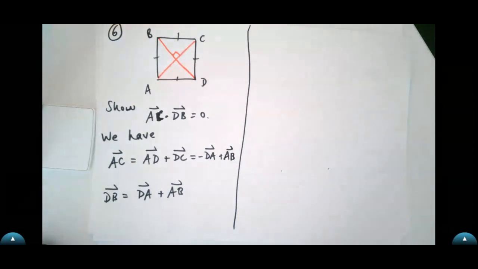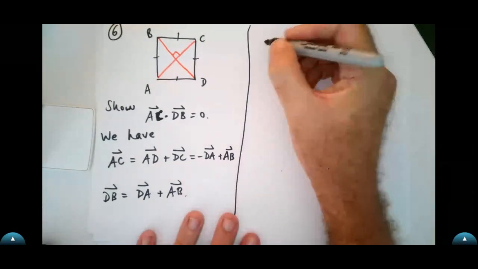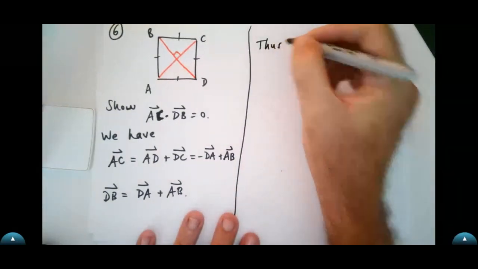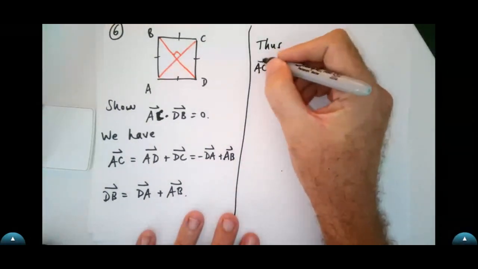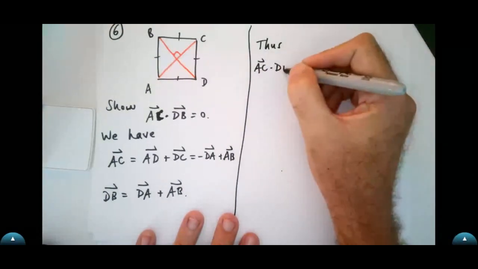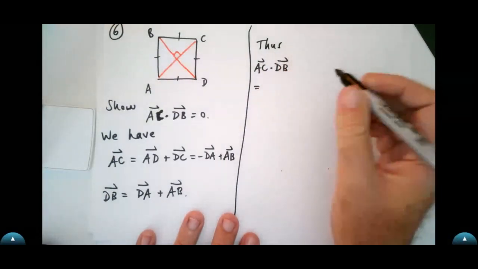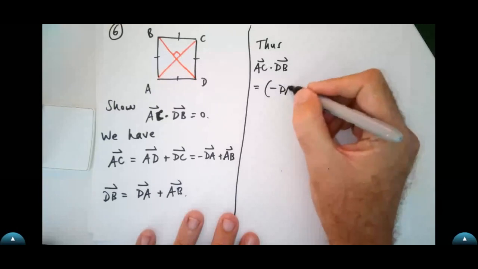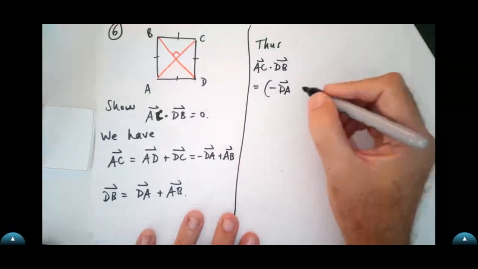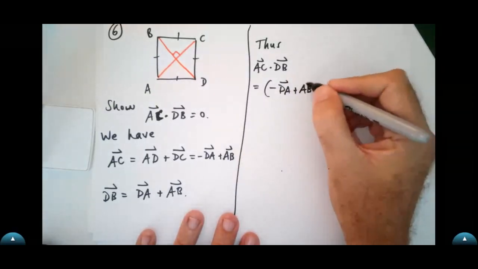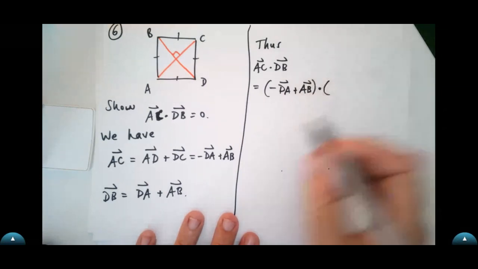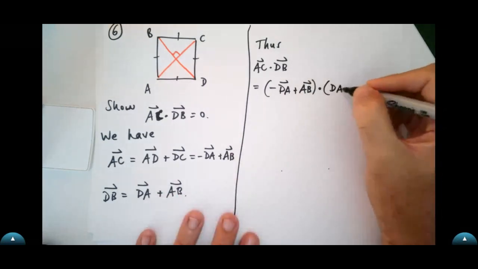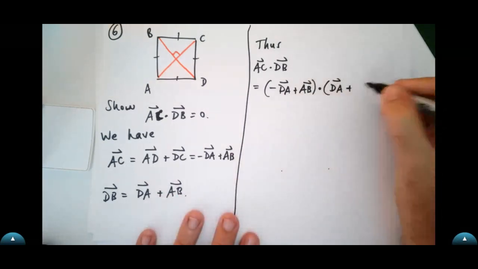Okay? So now, when we do our dot product, we can use these things, and a whole lot of cancellation is going to come into effect. So that's going to be negative DA plus AB dotted with DA plus AB.